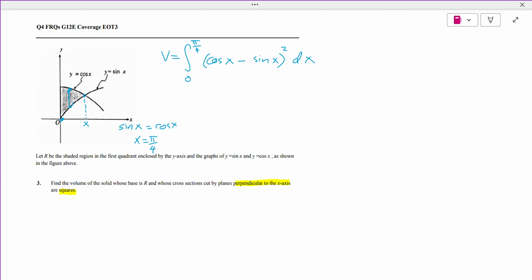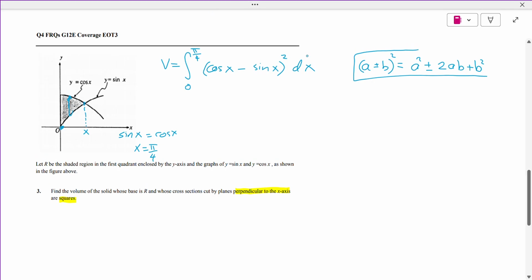Now, how do we evaluate this integral without using the calculator? Well, we know that a minus or plus b, all squared, is a squared plus or minus 2ab plus b squared. How about we use this expansion in this integral?